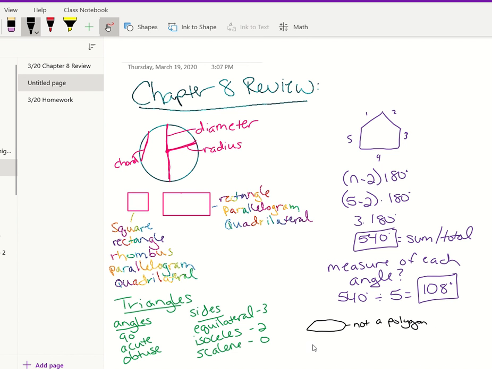Polygons cannot have rounded sides. If it's something like this, it's also not a polygon because it's open. Polygons can't be rounded and they can't be open like that. But a polygon could look anything like, we could have a polygon that looks like that.